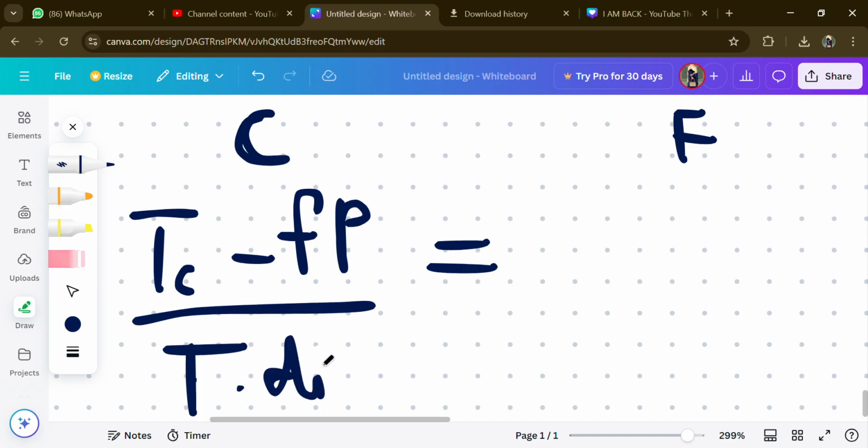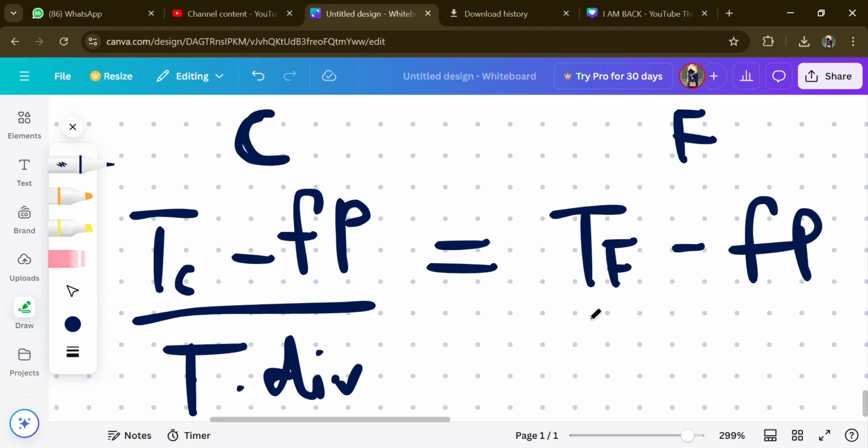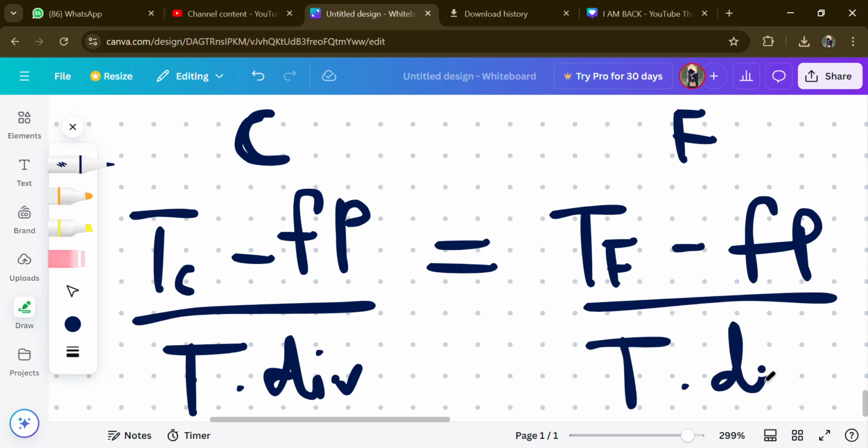Again, if you are using Fahrenheit, the freezing point and the divisions would be different. So again, we'll go with the TF minus FP divided by total divisions.